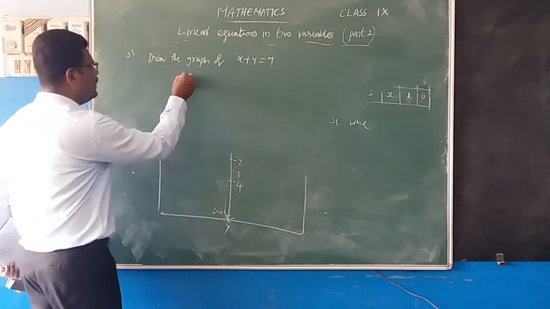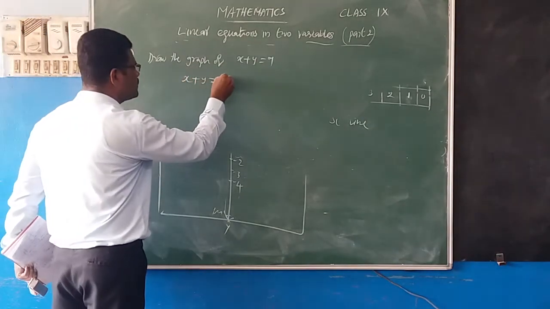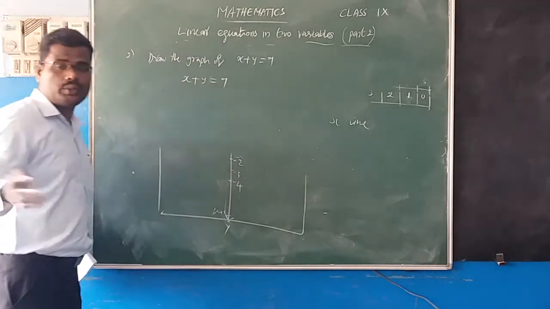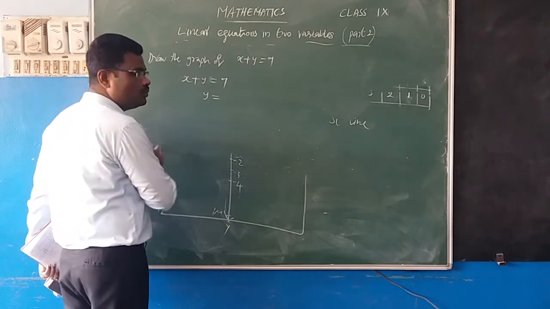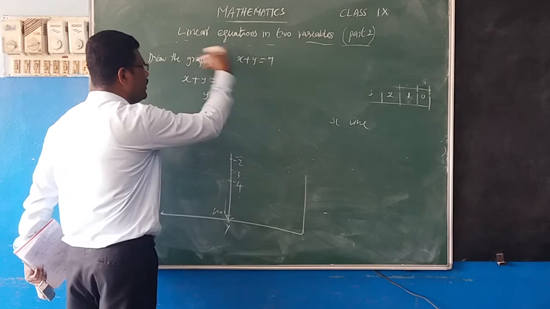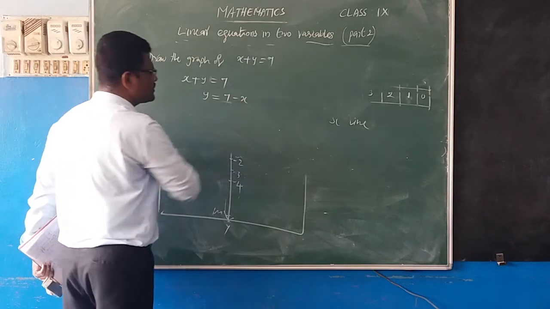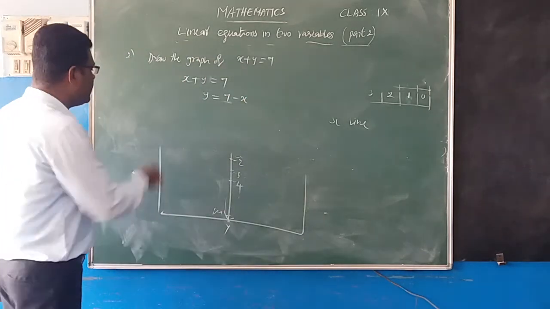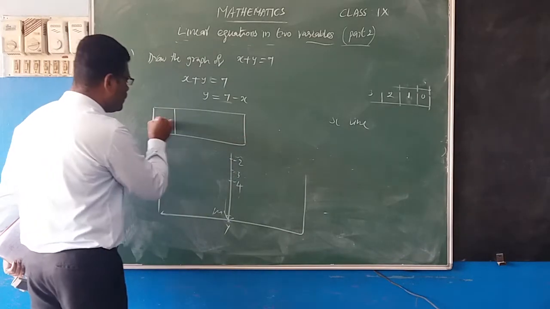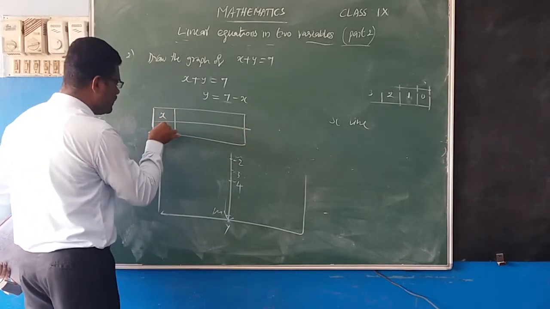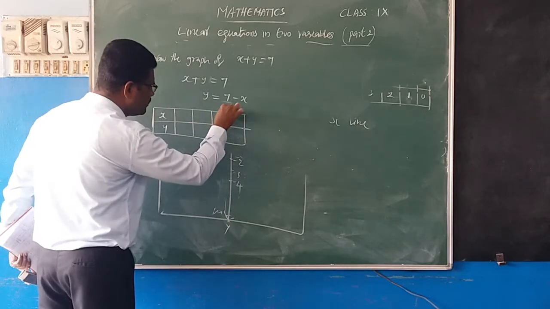Very important for 4 marks. So what have they given? x plus y is equal to 7. Next step, what do you need to do? We have to write it in terms of y: y is equal to 7 minus x. After that we need to draw the columns, in one column x, the other is y.